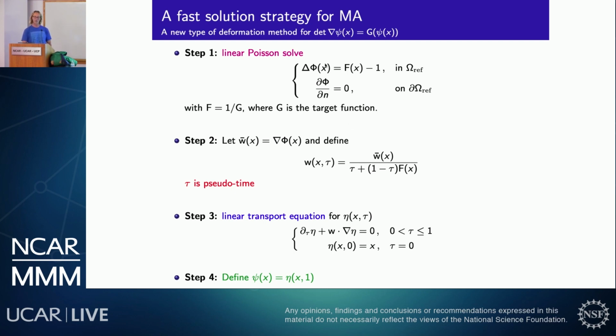Okay, now once you solve for this potential function phi, you have a time-independent velocity field, w bar. And the idea, what's called the deformation part of this method, is that you create pseudo-time, fake time. You define a fake time that starts at tau equals 0 and ends up at tau equals 1. And in this fake time, you're effectively going to flow along this deformed velocity field, which now depends on this fake time.